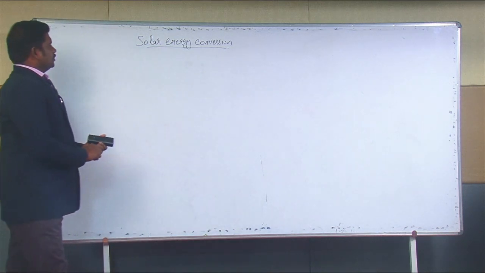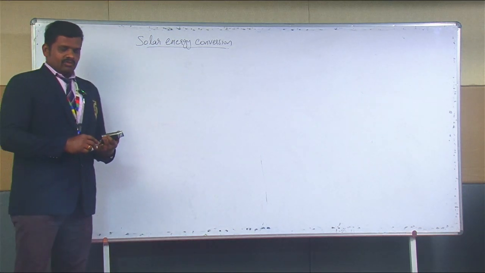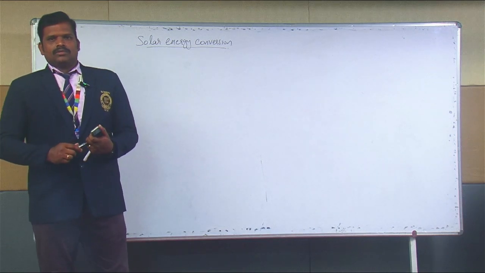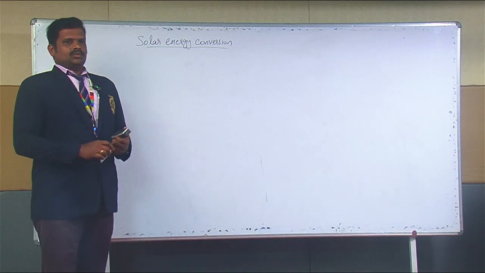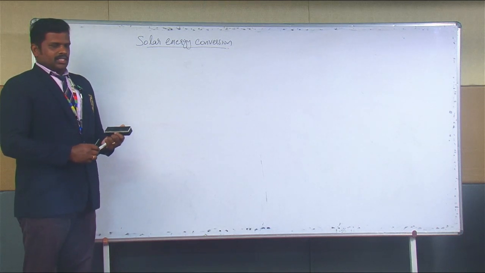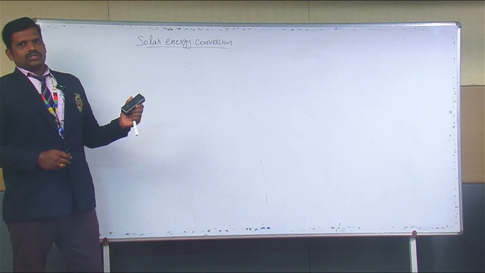So what is solar energy conversion? The process of conversion of direct sunlight into the most useful form is called solar energy conversion. This process follows two mechanisms.